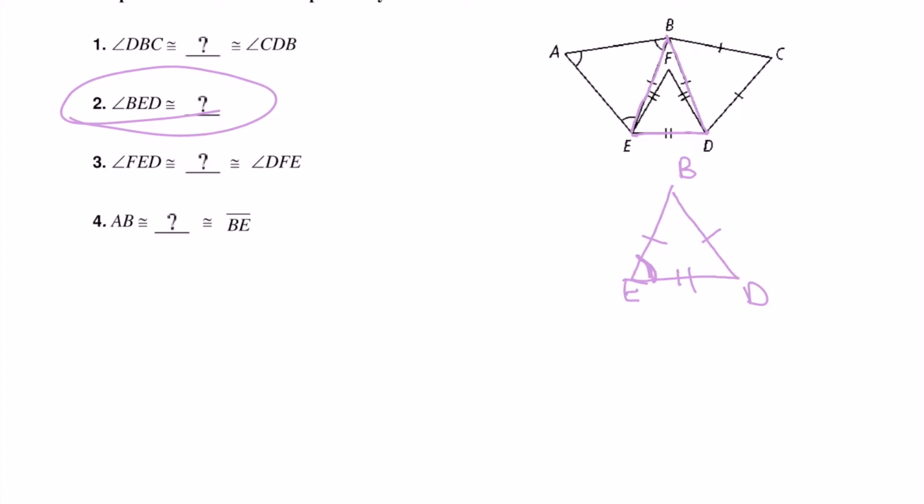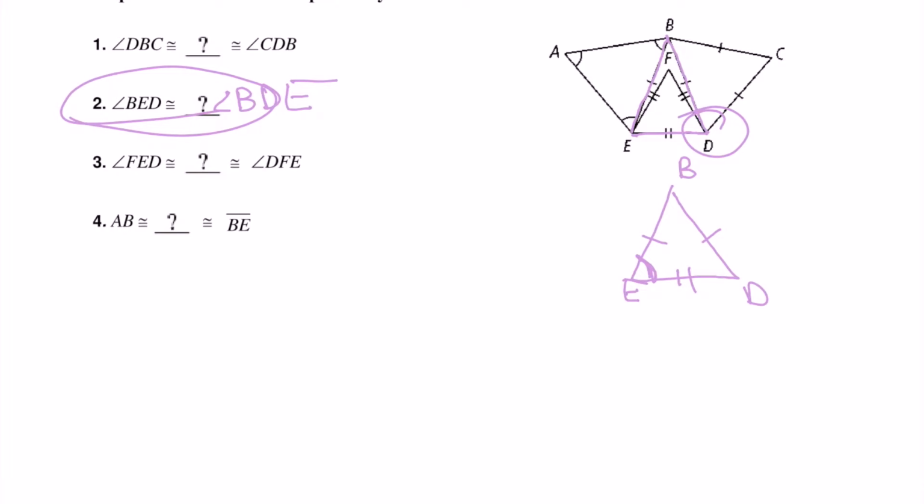But I can't just say angle D because there's too many angle D's up in the actual diagram. I've got to say angle BDE. That would be this angle right here. Why is it congruent to this angle right here? Because these two sides are congruent. So by the isosceles triangle theorem, I know that angle BED must be congruent to angle BDE.